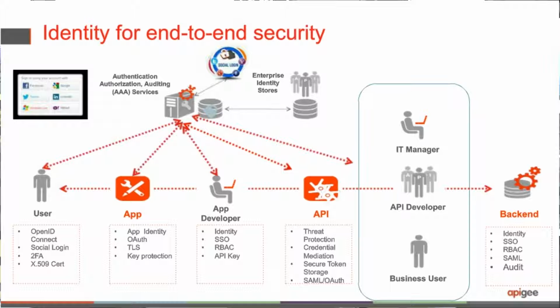In some cases, you may have a social login, so that you can let users log in using their social IDs. So if you identify, for every single entity interacting with your platform, the three areas, authentication, authorization, auditing, that provides you the access control layer.